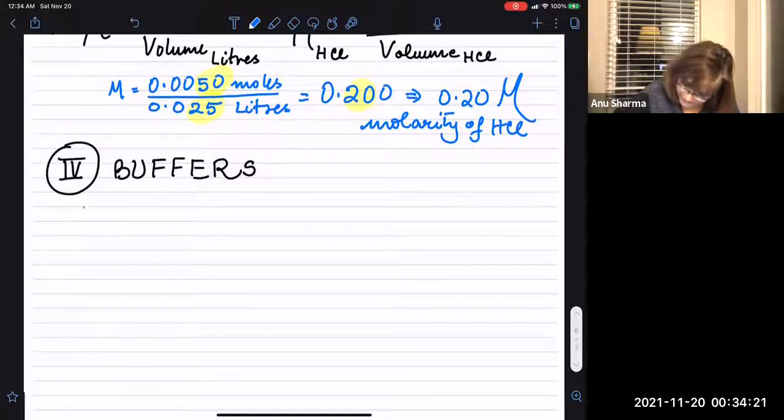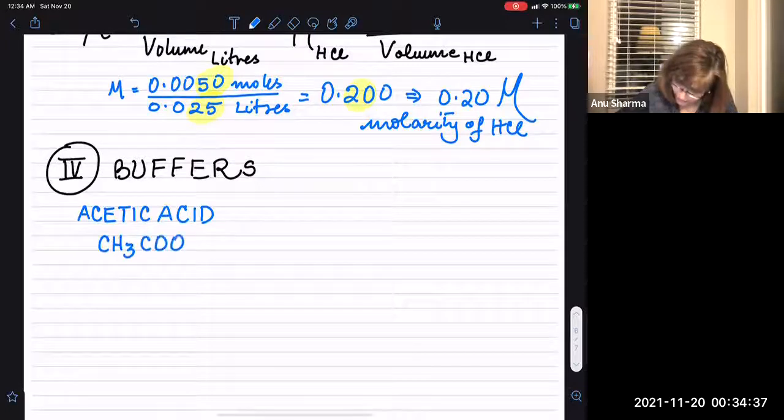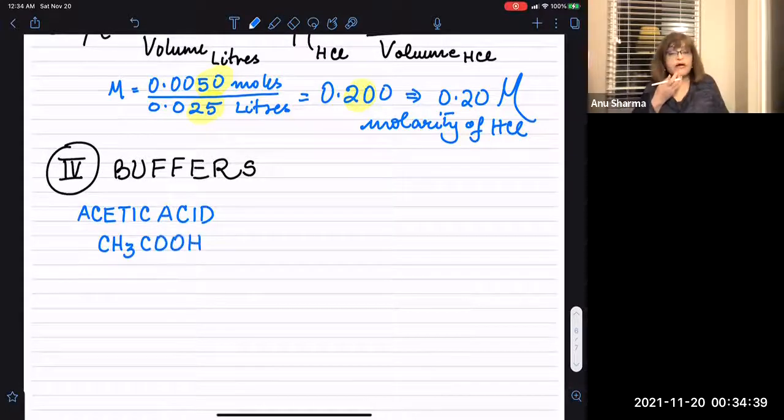You have acetic acid, which is vinegar, CH3COOH. This is the actual formula.